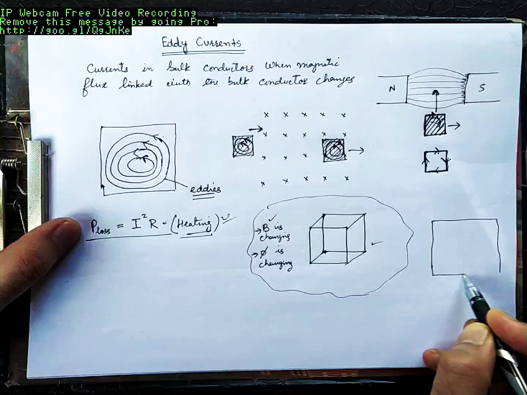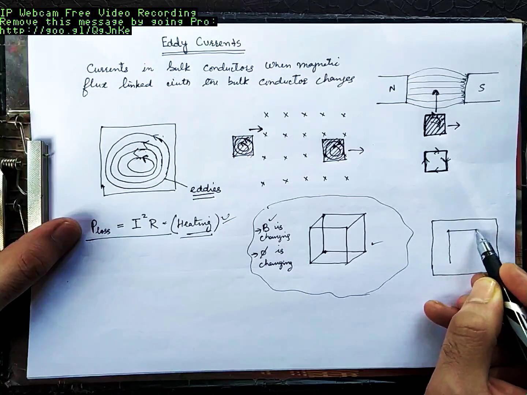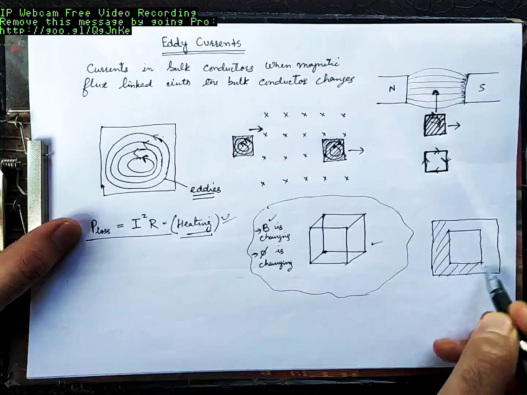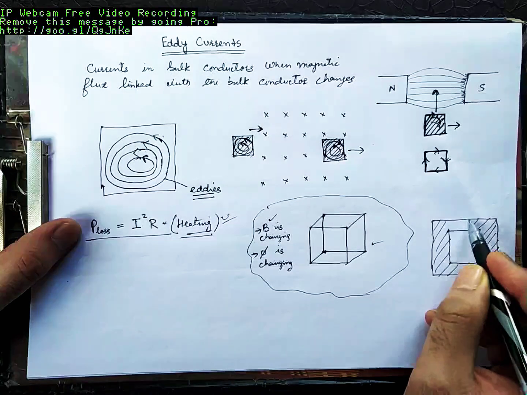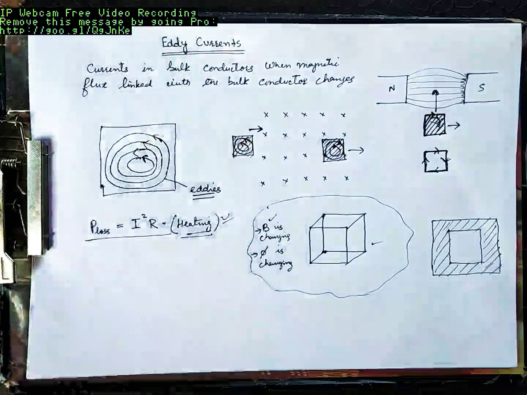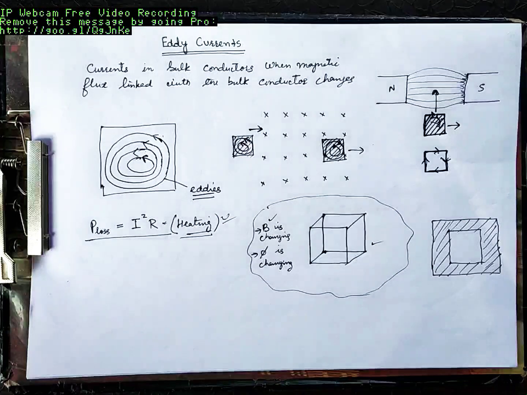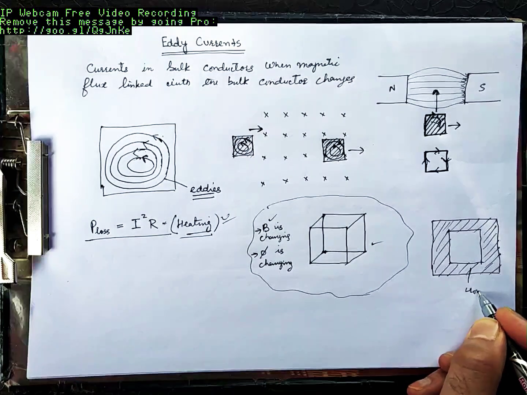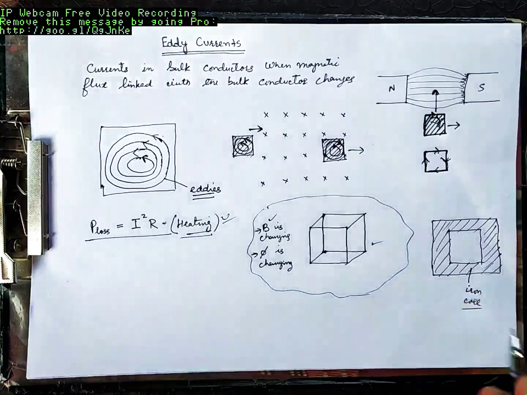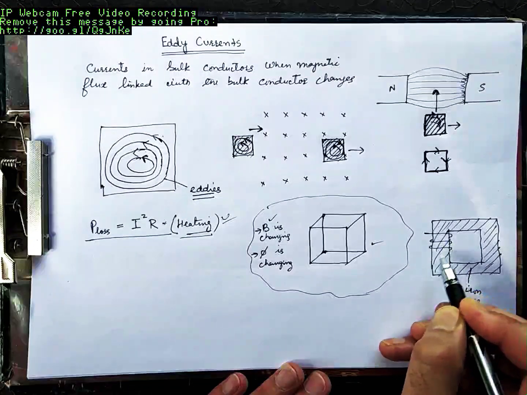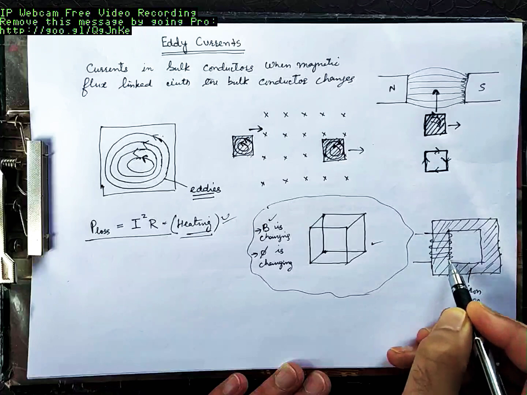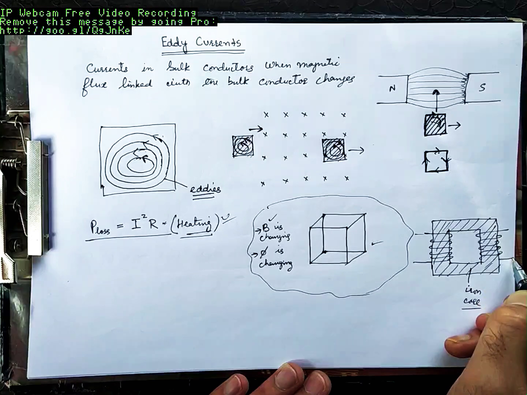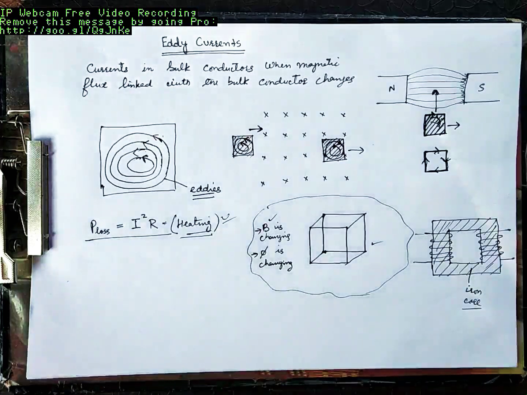consists of an iron core. If you have seen a transformer open sometime, you could recall, a transformer consists of an iron core, and on this iron core you have a coil on one side and another coil on the other side.